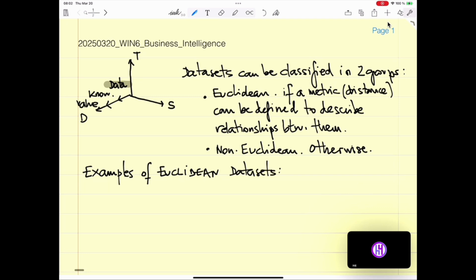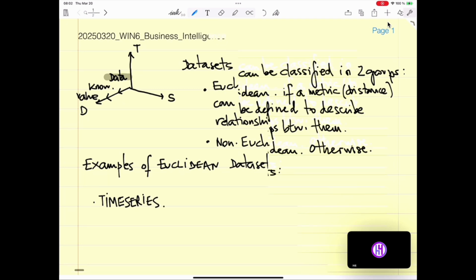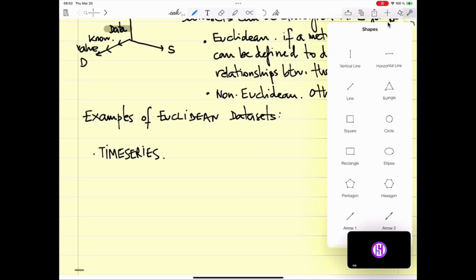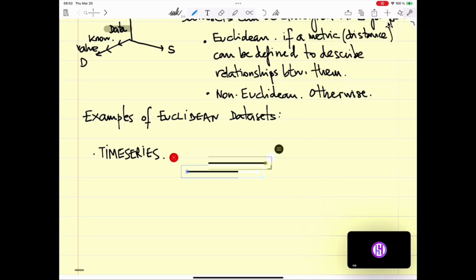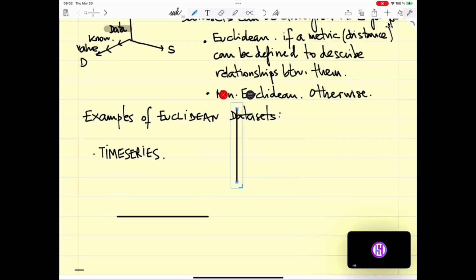The first example is a time series. Imagine you have one KPI and you measure that KPI in time.